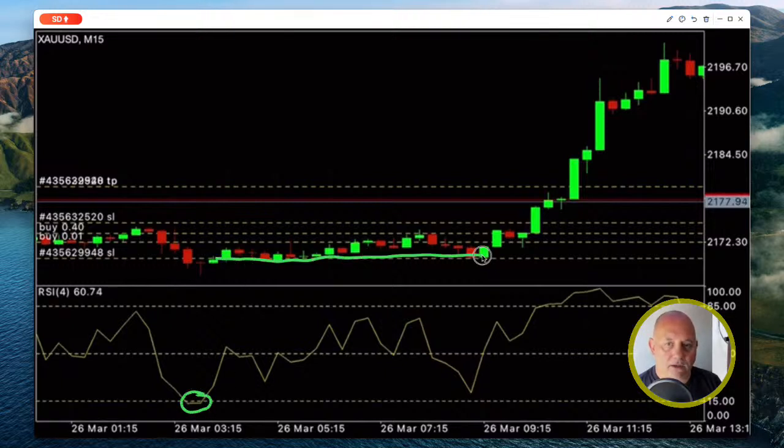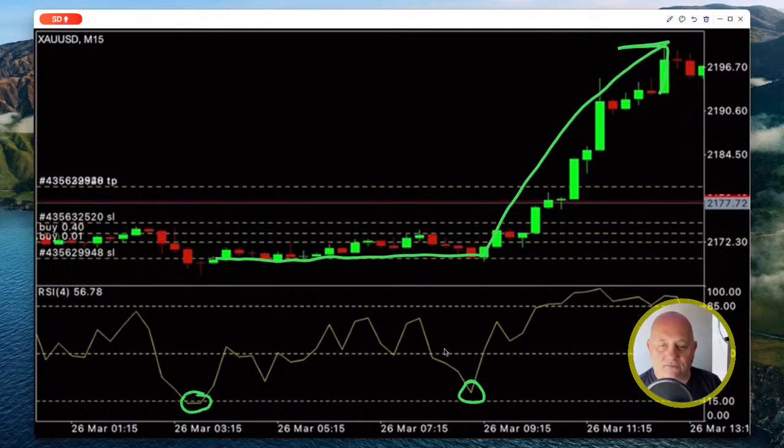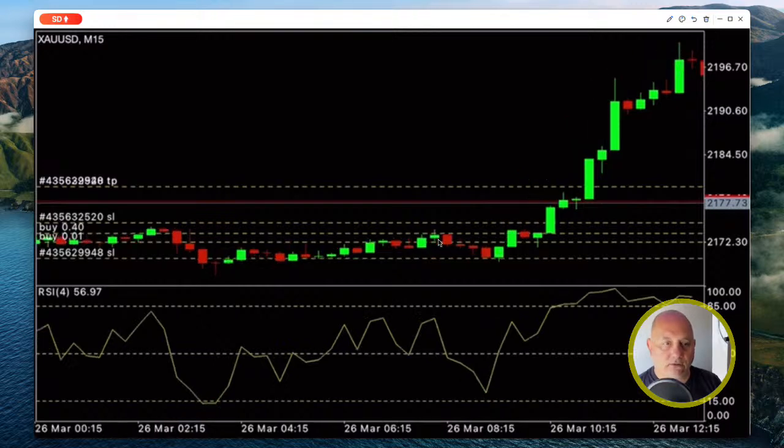It went sideways and then it went up. So you wouldn't have entered here. It hasn't touched. You didn't know it was going to do that. So that's kind of a scenario of, well, about 95% of the time it's right. If you're just jumping in before it touches the 15, you could, but you don't know what's going to happen. So you're looking for the best level of confirmation.